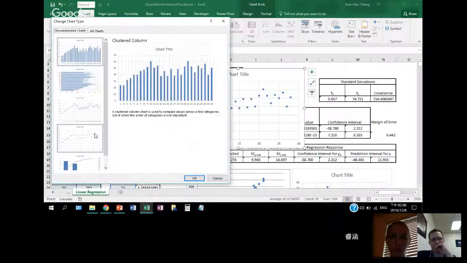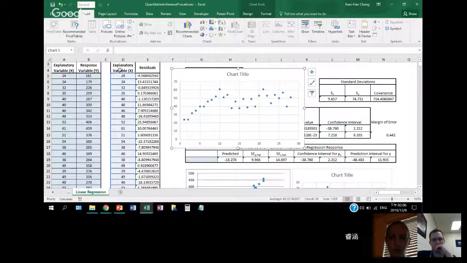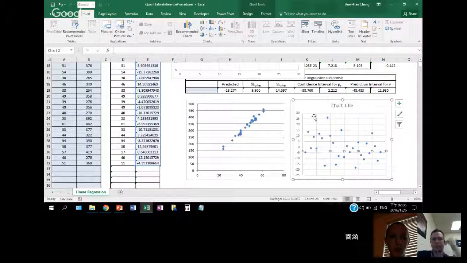Doesn't look like a scatter plot. Insert, scatter. So which column did you choose? This one, explanatory variable. No, you need to do column E. Oh, residual is right here. Yeah, so you need to select column E. Yeah, there you go. That looks more scatter-like.